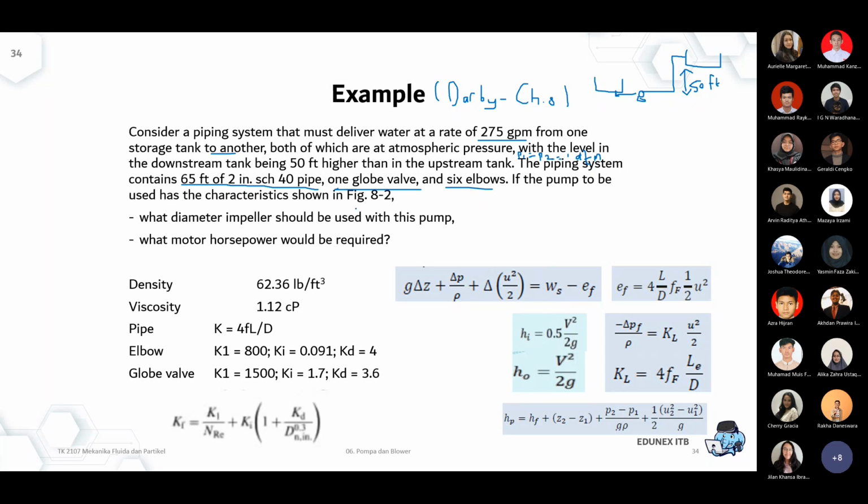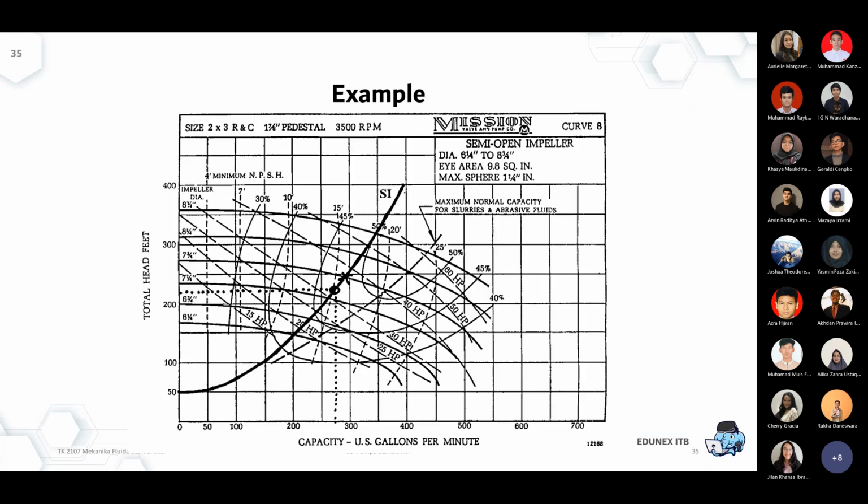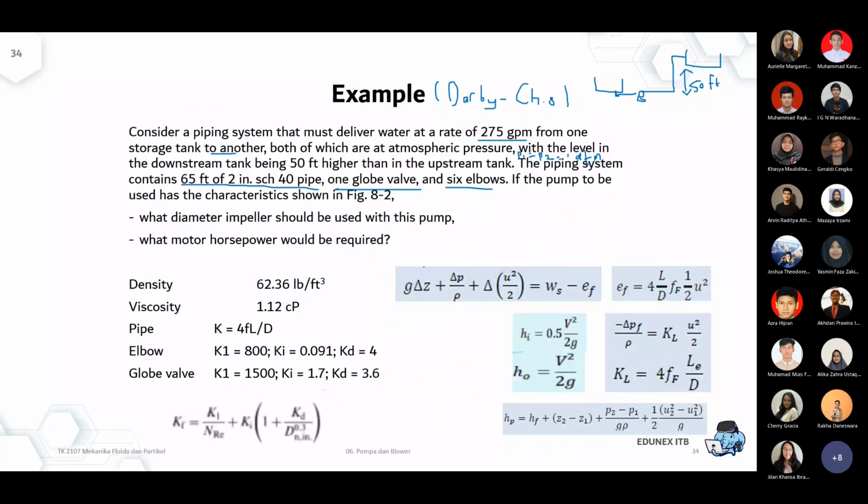The pump characteristic is shown in figure 8.2, which is provided in the next slide. So what diameter impeller should be used with this pump, and what motor horsepower will be required to transfer this water from tank A to tank B?